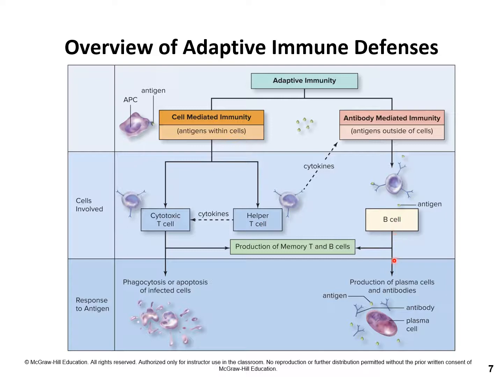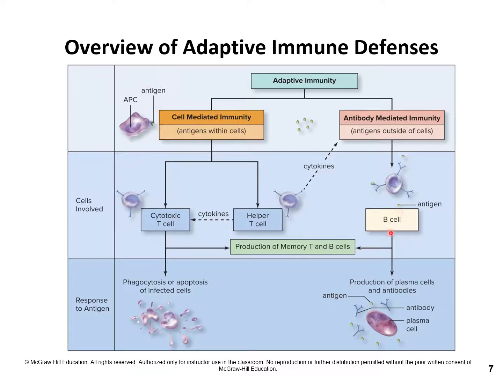That B cell makes antibodies, which are these Y-shaped molecules. These antibodies will stick or bind to the bacterial cell, or that foreign antigen, and then white blood cells will come along, detect those antibodies, and phagocytize that bacteria.